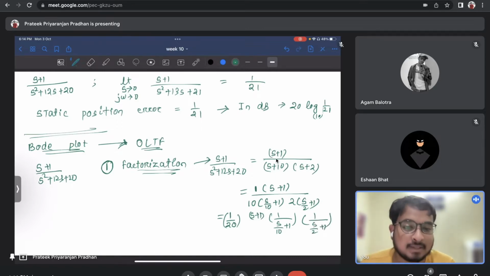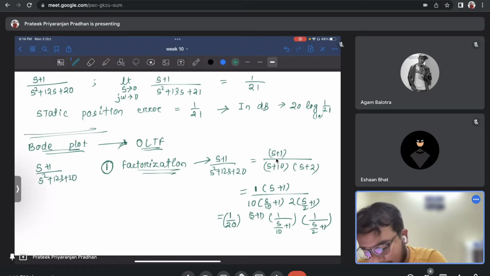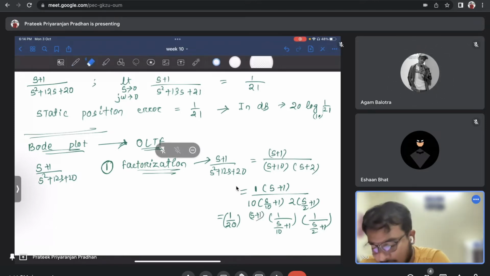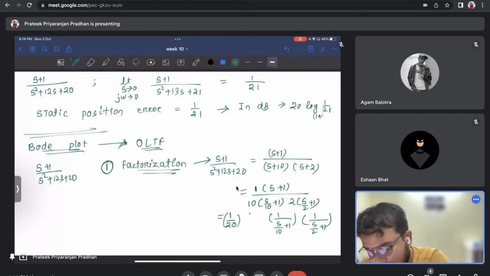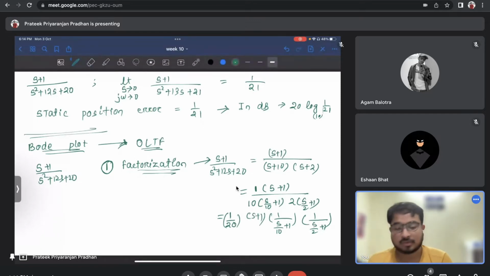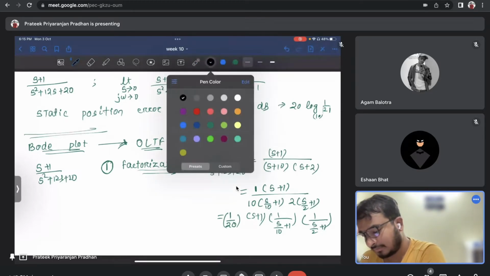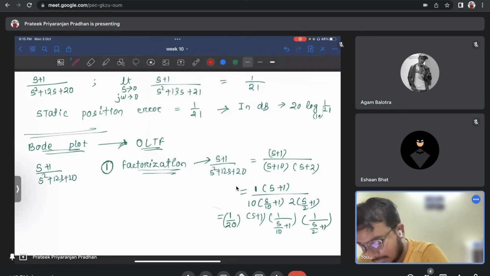Is this part clear? Okay. So now you can see, this part is the DC gain.